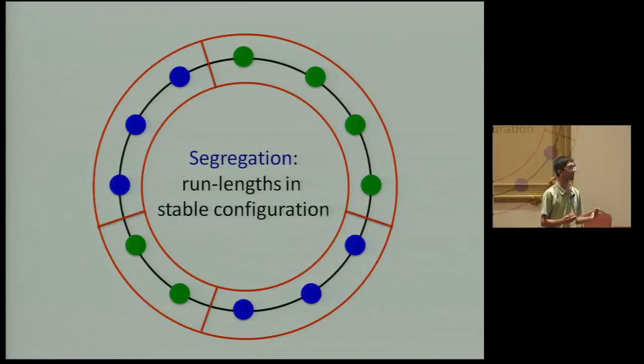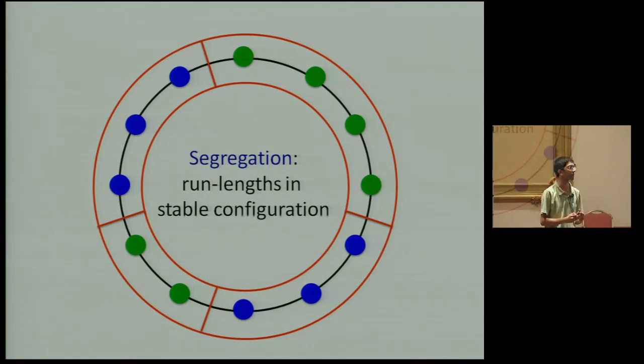We look at the run length in the stable configuration. We define a stable configuration to be one in which we cannot find a pair of individuals who would both be willing to swap. It isn't immediately clear that this will always happen, but I'll justify a bit later that we will eventually reach a stable configuration. For instance, in this configuration here, we have run lengths of 4, 3, 2, and 3.